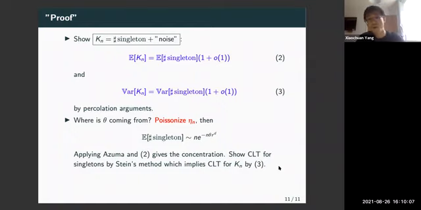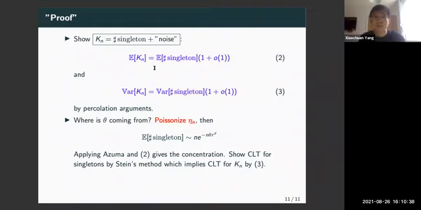Of course, we can always write the number of components as the number of singletons in the graph plus the number of components of order 2, 3, 4, and so on. So this equation basically says that all the non-singleton components are negligible compared to the number of singletons in this regime.